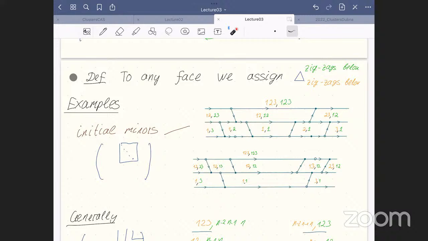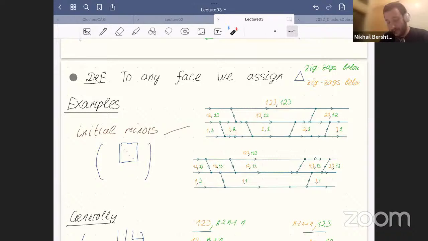Maybe it is easy to believe. Okay, it's 1, 2. Here it's 1 and 2. It's two orange zigzags below this, zigzag number 1 and zigzag number 2. No, we don't have orange zigzags with numbers 1, 2.